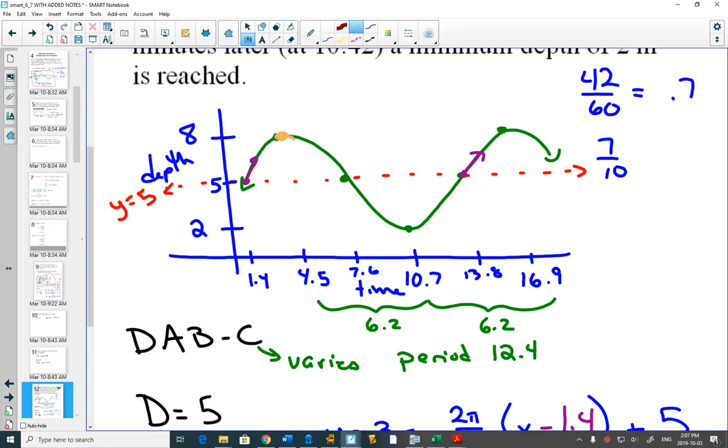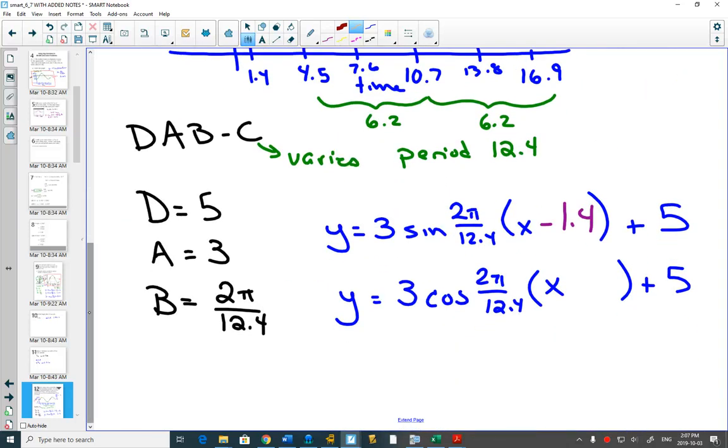Your maximum is 4.5 to the right, or you could use 16.9 to the right. That would work as well. So now we've got two equations.